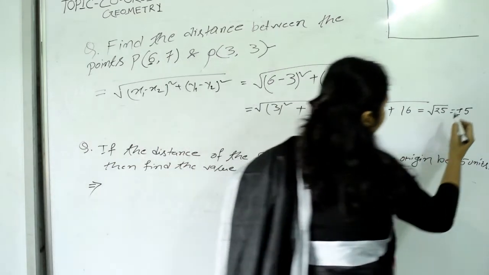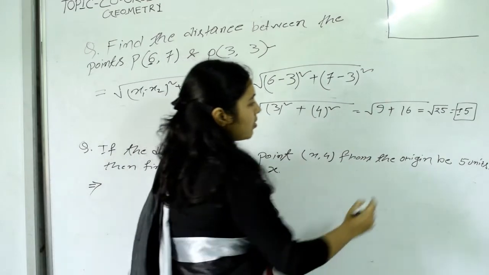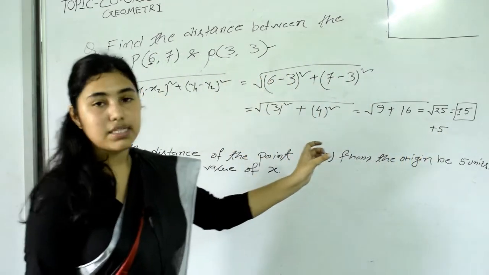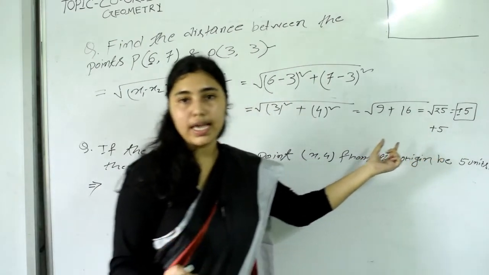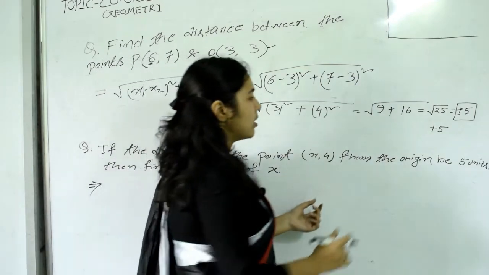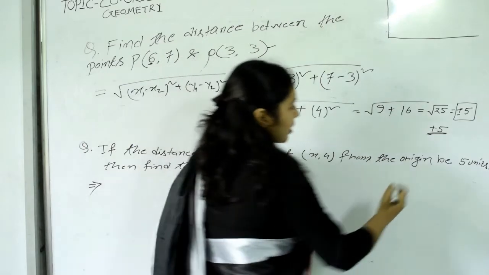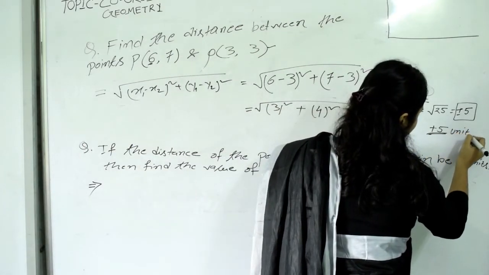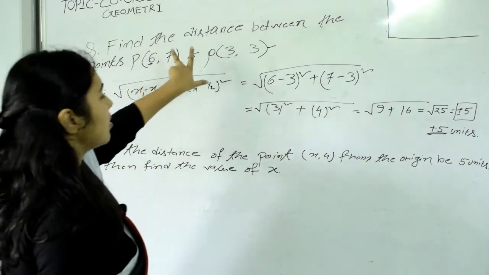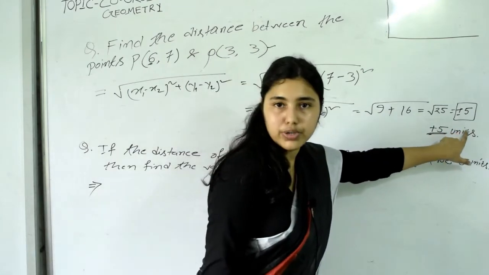But here we have to consider only plus 5 because this is a measure of length and length can't be negative. Okay, that's why here we have to consider plus 5 units. So our answer is the distance between these 2 points is 5 units.